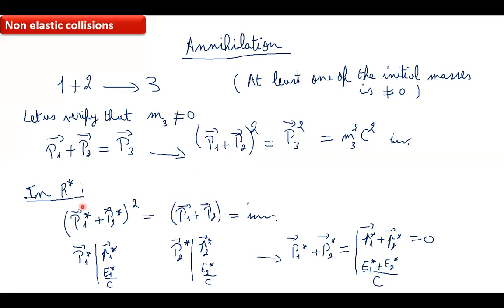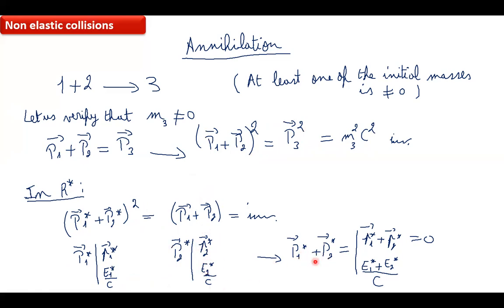And in R star, if you consider the same invariant, P1 plus P2 squared is equal to P1 star plus P2 star squared, which is invariant. So the 4-vector P1 star is the little p1 star in space and E1 star over c. The 4-vector P2 star is the little p2 star and E2 star over c.